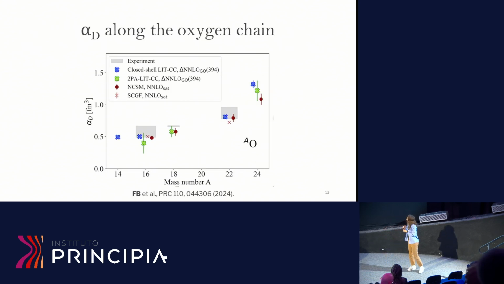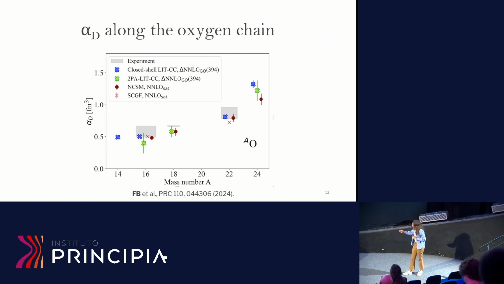So we tested this approach first on alpha D along the oxygen isotopic chain. For the oxygen isotopic chain, we have the experimental data in gray. We can perform the closed shell calculations in blue, the two-particle attached calculations in green, and then in red we have available ab initio calculations in the literature performed using different methods and interactions.